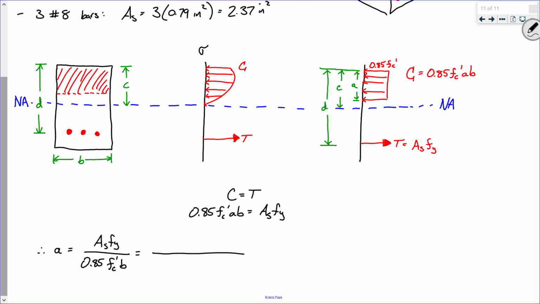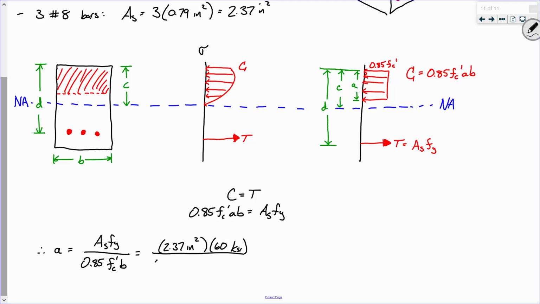Tell me what we got. What's As? There we go. Inches squared, right? What is fy? There we go, 60 what?